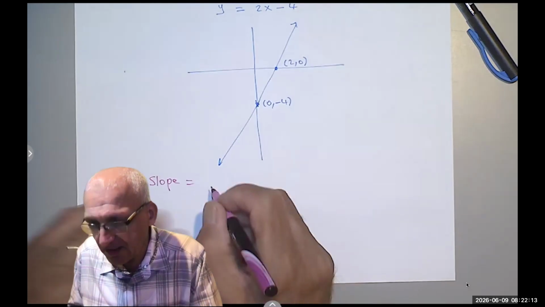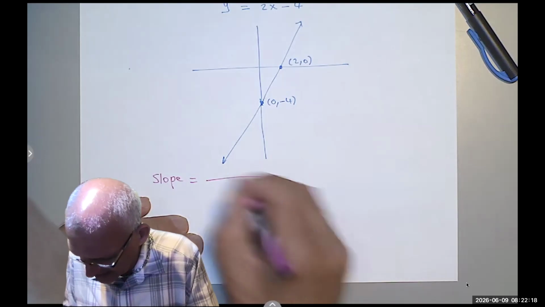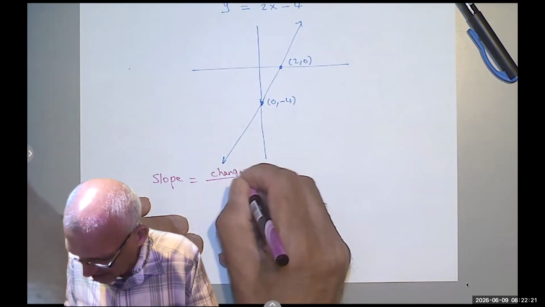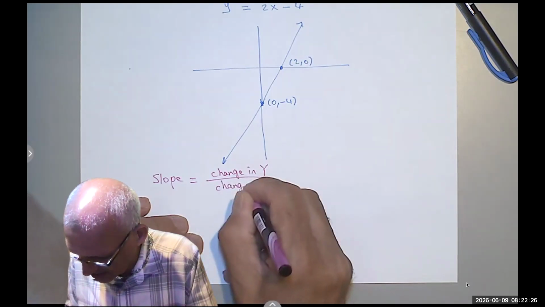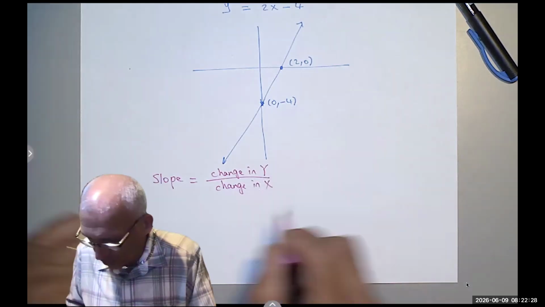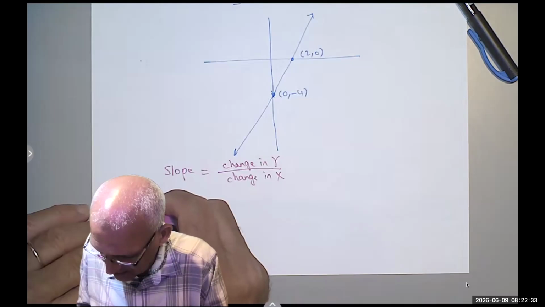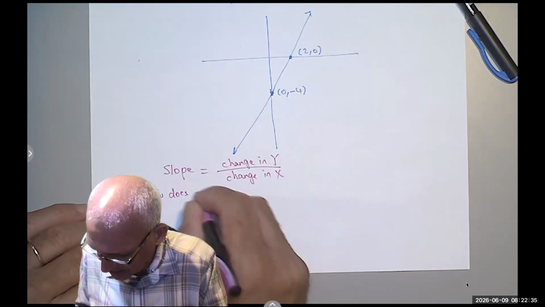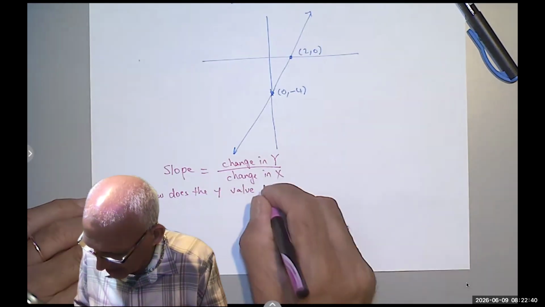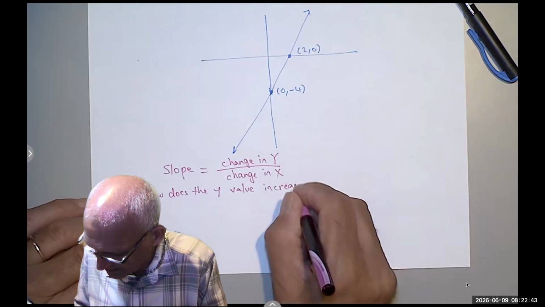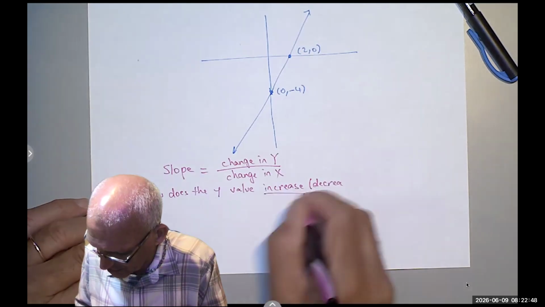Slope is, we call it the rate of change, or for now I can say it's the change in y over the change in x. Or in plain English, how does the y value increase or decrease, but we can define it in terms of increase.